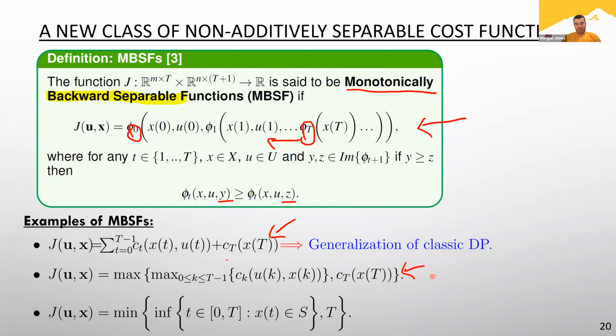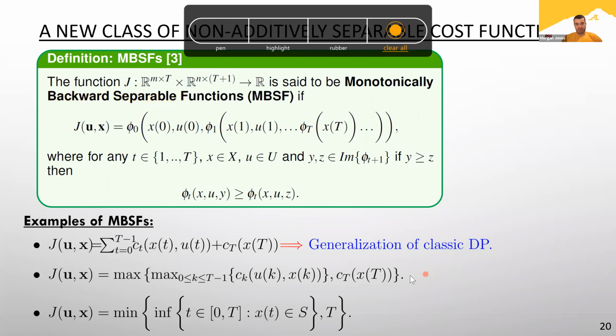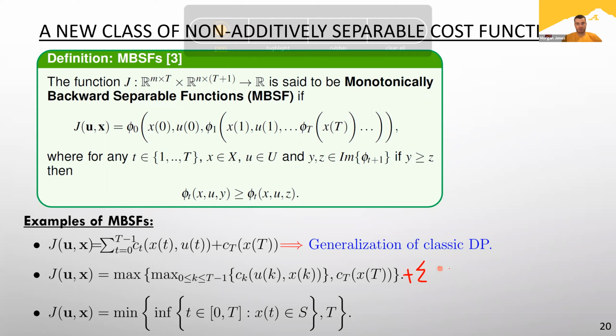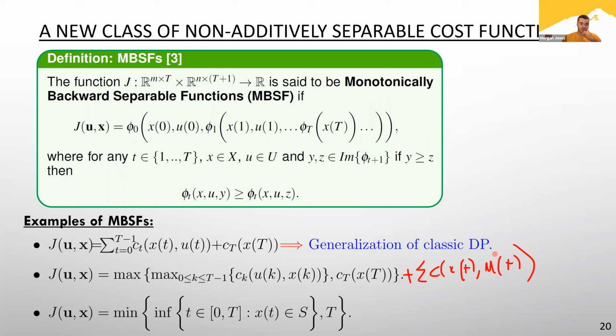But if you were to add a summation of costs with this objective, then that turns out not to be monotonically backward separable. So for those type of objective functions, you would have to use state augmentation. And unfortunately, that's the same class of problems that the battery scheduling problem was.